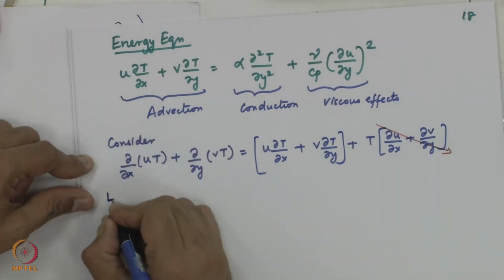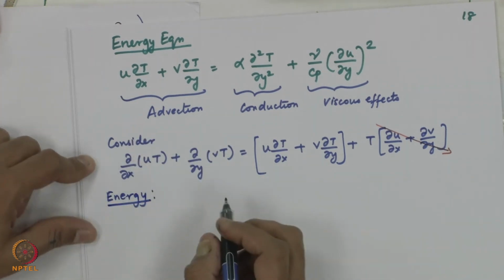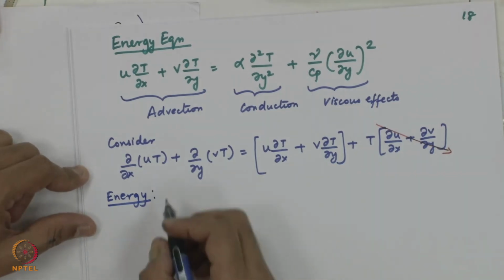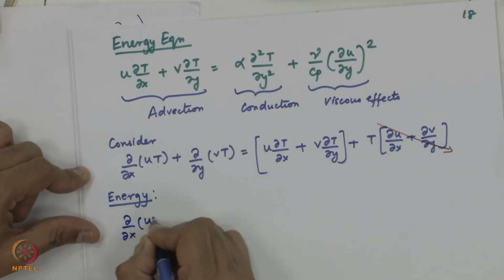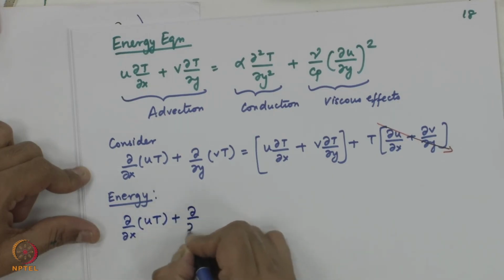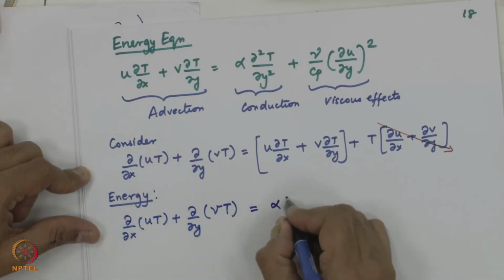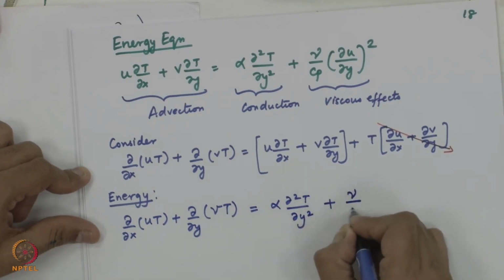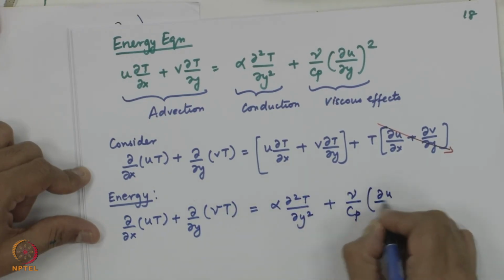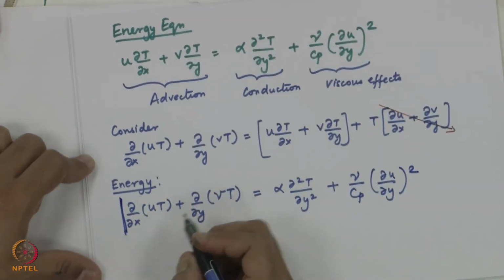Therefore, I get energy equation, just as we multiplied, we got d/dx of uu. I am going to write this as d/dx of uT plus d/dy of vT is equal to alpha d squared T/dy squared plus nu over Cp (du/dy) whole squared. This is my equation to be integrated.